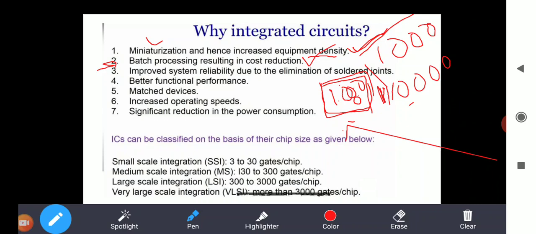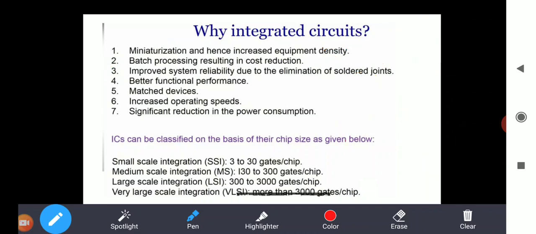Next, improved system reliability due to the elimination of solder joints. Because in the ICs we won't use any soldering joints. This is formed by IC fabrication, layer by layer.